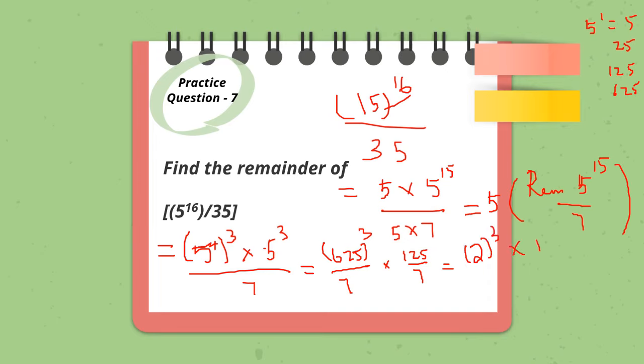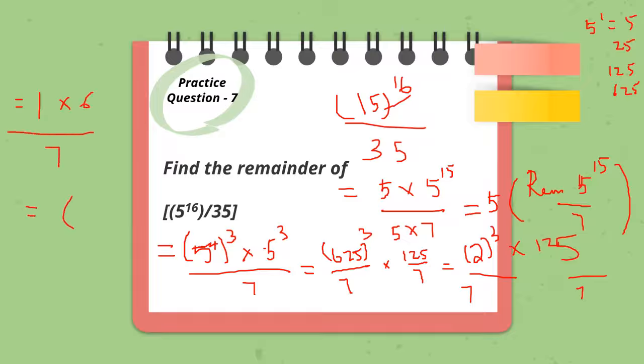So this is what I need to find, both I'll divide by 7. 2 cube is nothing else but 8. 8 on dividing by 7 will leave remainder 1. And 125 on dividing by 7, I'll get remainder 6. So 1 into 6 divided by 7. 1 into 6 is just 6 and that's going to be the required remainder.